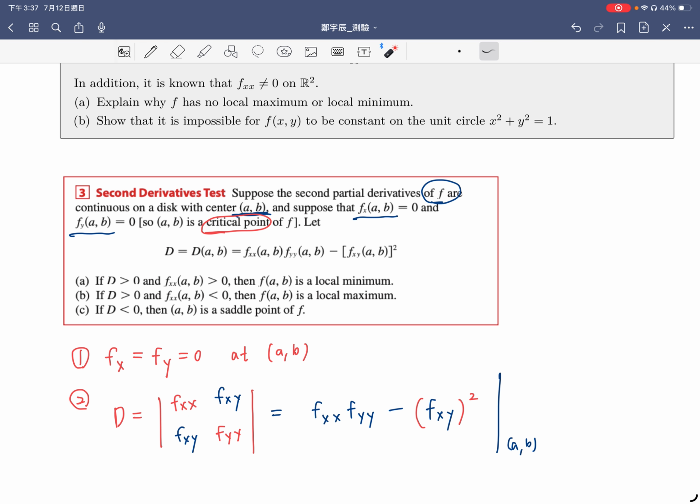On the other hand, if fxx is negative, then we call it a local maximum. In case 3, if the number you have here is negative, then it is a saddle point, and it is neither a local max nor a local minimum.